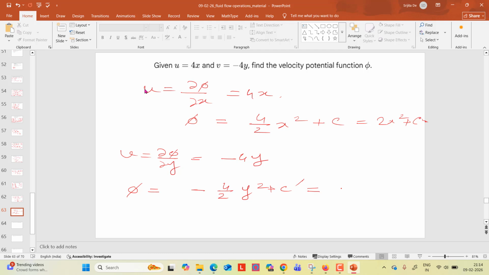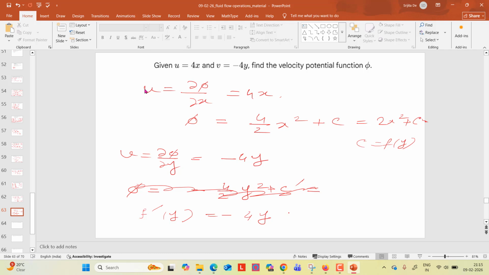Okay. So this c will be always a function of y, right? Because it is coming from the potential function. So c is a function of y. So we will put the values. So ∂phi/∂y now is, from the previous one, f dash y, only f dash y equals to minus 4y.